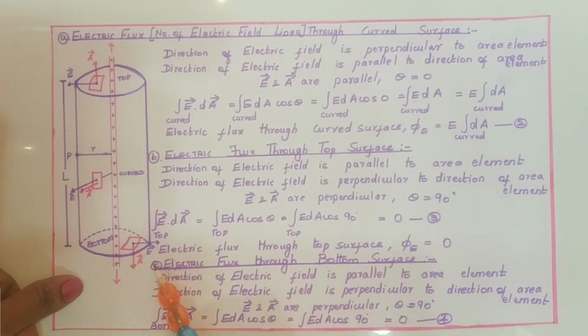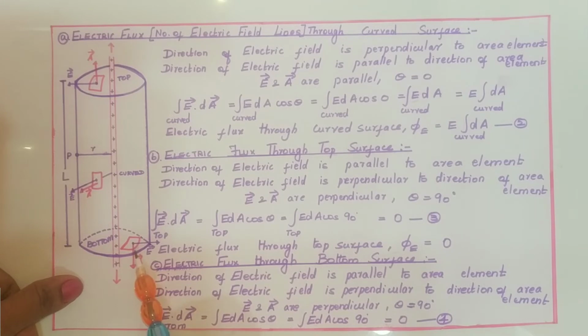Next we have to find the electric flux through the bottom surface. Here the direction of the electric field and the area element are both parallel, and the direction of the area vector is perpendicular to the area element. Therefore the angle between E vector and A vector is 90 degrees.